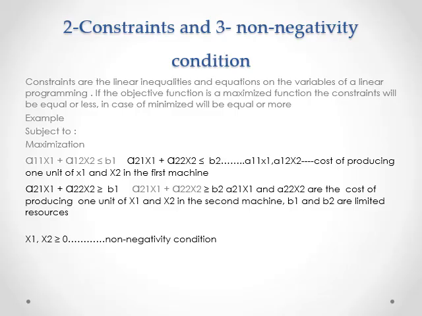The last component is the non-negativity condition. X1, X2 more or equal 0. This condition shows that we either produce or do not produce x1 or x2.